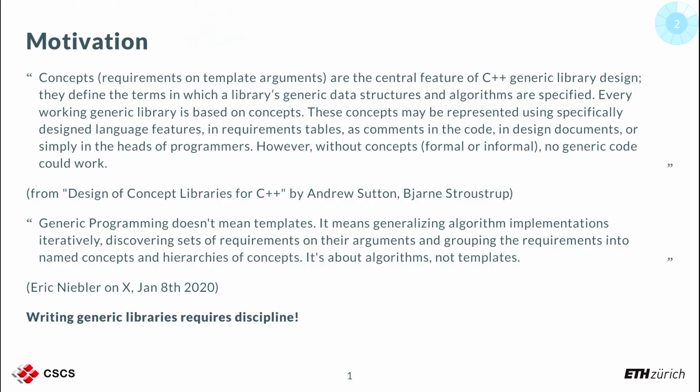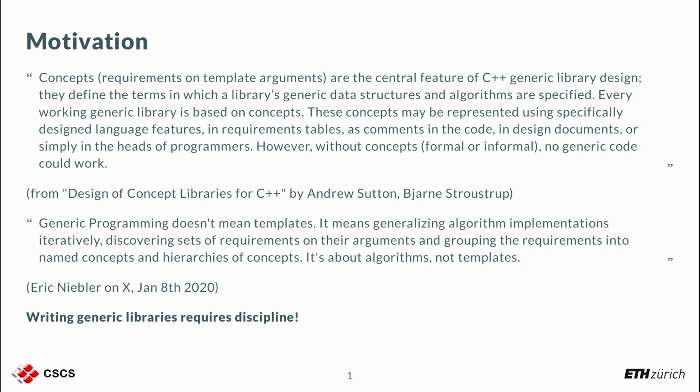As a starter, let's look at 2 quotes about concepts. So what are concepts? Requirements on template arguments are a central feature of C++ generic library design. They define the terms in which libraries, generic data structures, and algorithms are specified. Every working generic library is based on concepts.